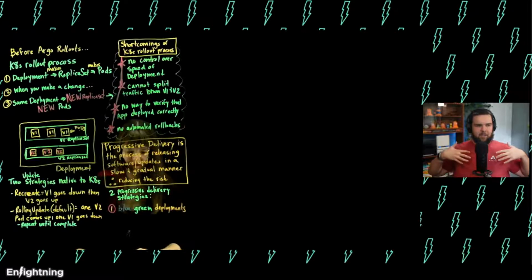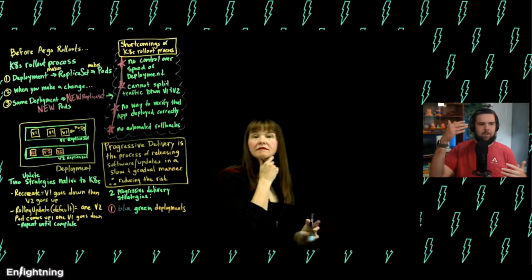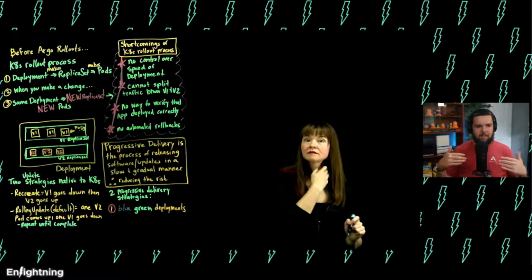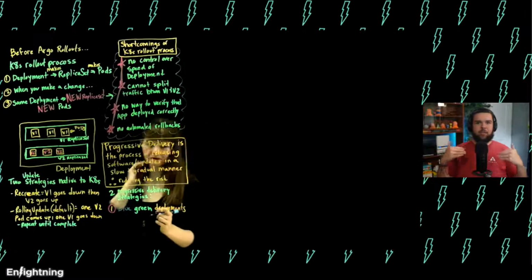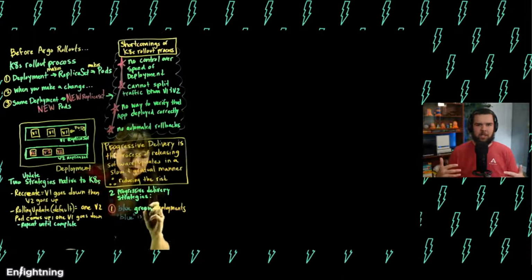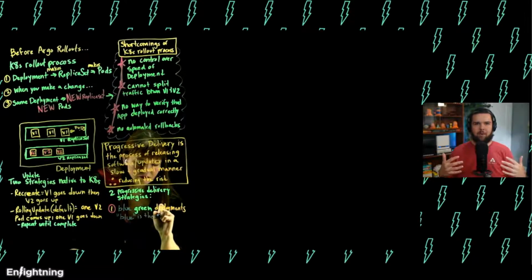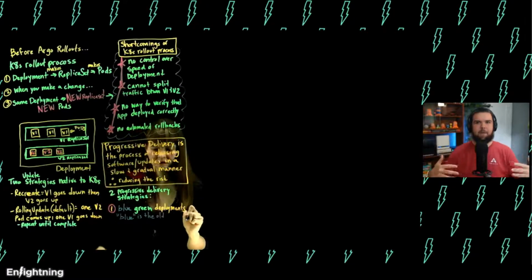During a blue green deployment, only the old version, the blue, is receiving the production traffic, but the green version is fully deployed alongside the blue one, allowing the team to test changes against the green deployment in production without it actually being exposed to the users.